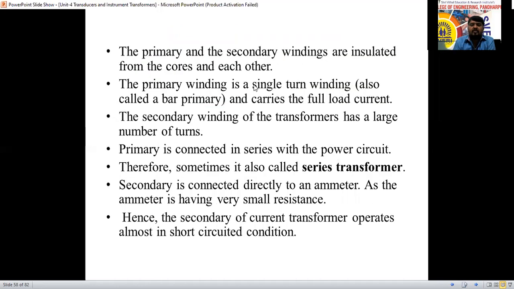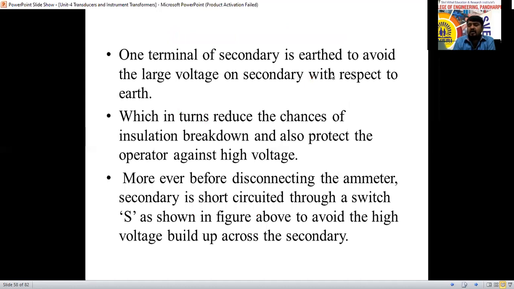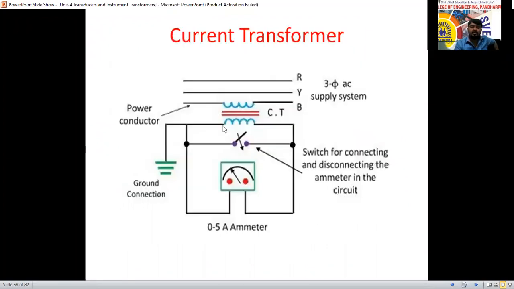Same thing we have written here. One terminal of the secondary is earthed to avoid a large voltage on the secondary with respect to the earth. See here, it is connected to the earth. Suppose lightning or a surge occurs, it will suddenly bypass that excess voltage to the ground.